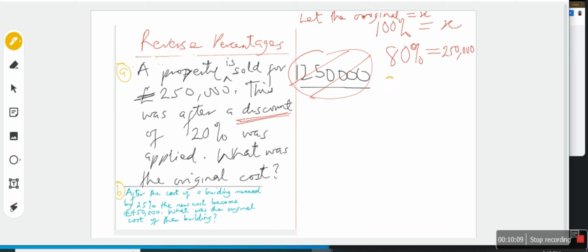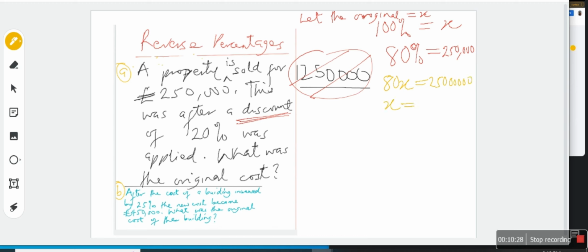That's 80X. 80X is equal to, you also cross multiply like this, 100 times 250,000. That would be 25,000,000.